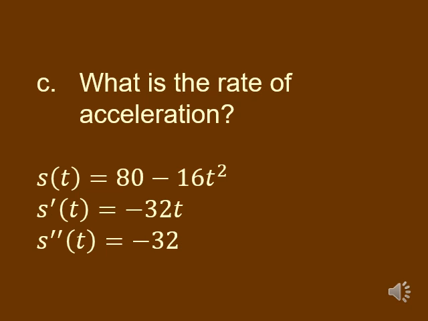What's the rate of acceleration? Well, it turns out it's exactly the same as it was in the problem before. You find the second derivative, and like most problems that are written for the English units of measurement, like Isaac Newton used, we end up with negative 32, which again is just the acceleration due to gravity.